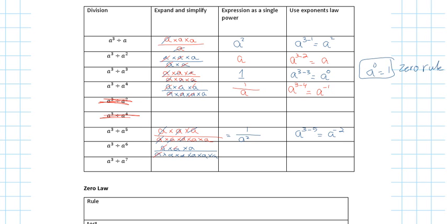What would I have left? 1 over A cubed. Okay. Now if I do the exponent law, what am I going to get? Do you see a pattern here? Sorry, that's negative 3.